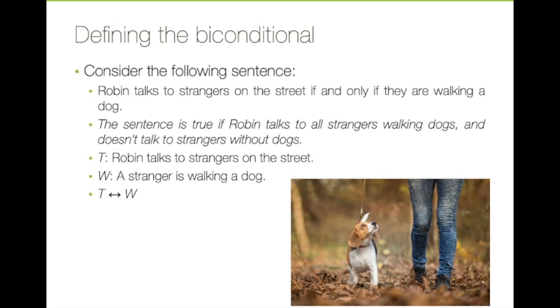We can see that this sentence matches that truth table because it would be true if Robin talks to all strangers who walk dogs, and true if she doesn't talk to strangers who don't have dogs. But it would be false if she talks to some strangers who don't have dogs, or doesn't talk to some strangers with dogs. That's exactly what we were trying to capture.